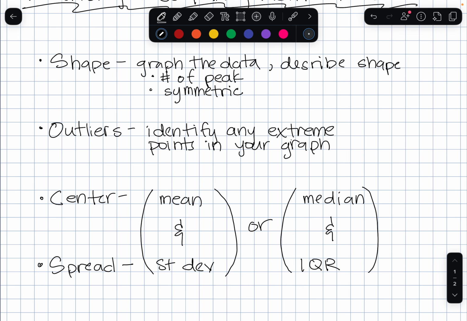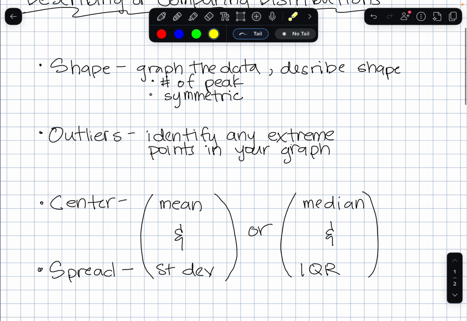When you talk about center and spread, you should make comparisons using less than, greater than, or approximately equal to. A's mean is approximately equal to B's mean, or A's mean is greater than B's mean. So typically when I'm asked to describe or compare distributions, I'm going to have 4 sentences in my answer, one for each of my socks.